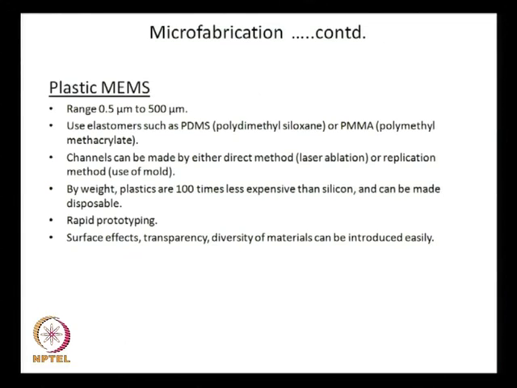Use of mold is you make a negative of it in silicon or in metal, and then you pour the plastic material onto it, or you make a negative stamp from metal or silicon, and then you heat the plastic material so that it becomes soft, and then put the stamp and apply some pressure, so that the stamp gets engraved on that plastic.